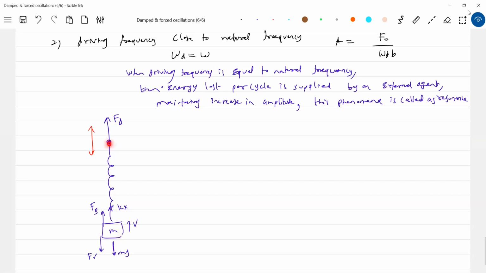This end of the spring is not fixed here; it will be moving up and down, like a person holding it and moving it up and down.